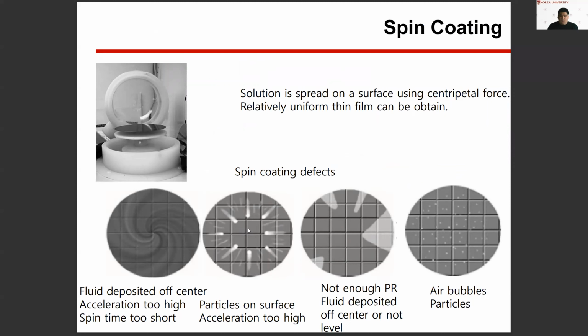As you can see, if the spin speed is too high, the spin time is too short, or the amount of photoresist is too small, or even if air bubbles are inside the photoresist, they can cause defects.